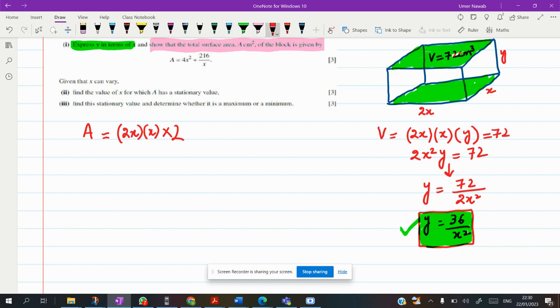Now I need to take the right hand portion, the right hand face. This is the right hand face. What is the area for the right hand face? x times y. I need to times with 2 because this would be the same area for the left hand face.